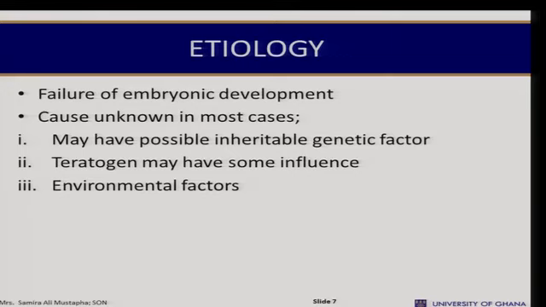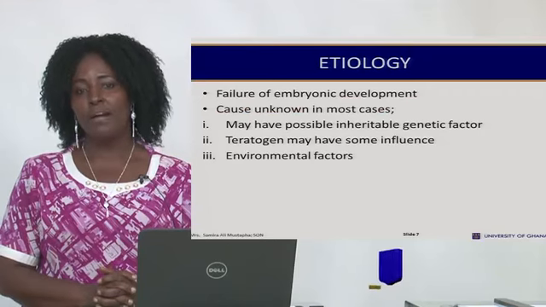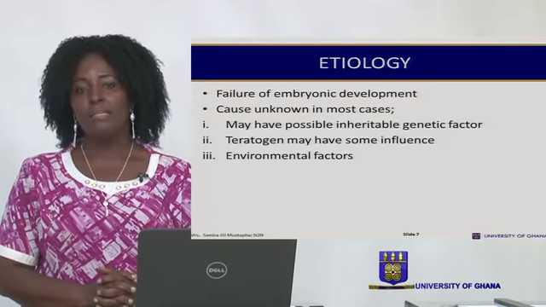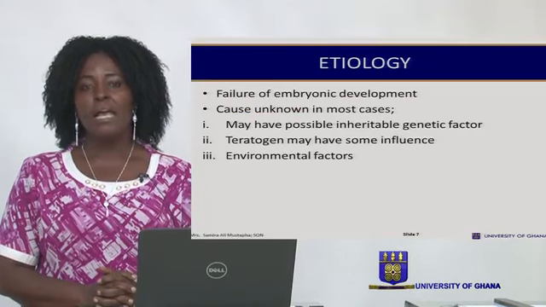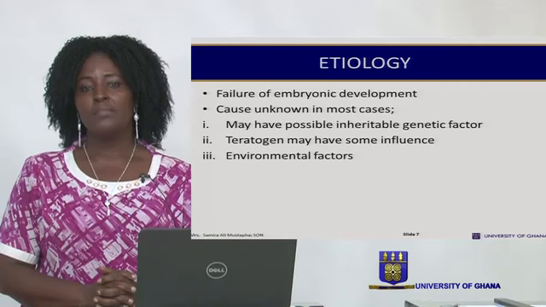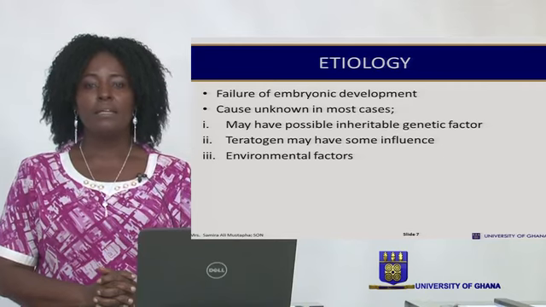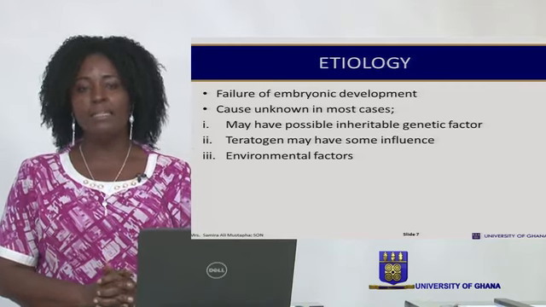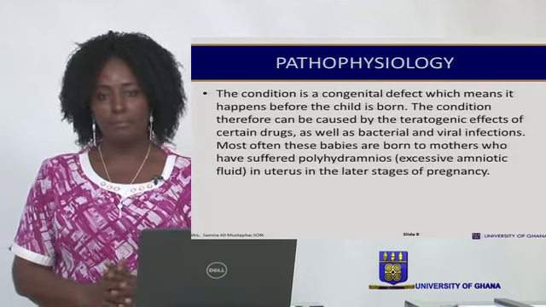The cause actually is unknown, but in most cases, it's known also to run in families, so it has some inheritable genetic factors and is also associated with some syndromes and teratogenic influences in the environment as well.